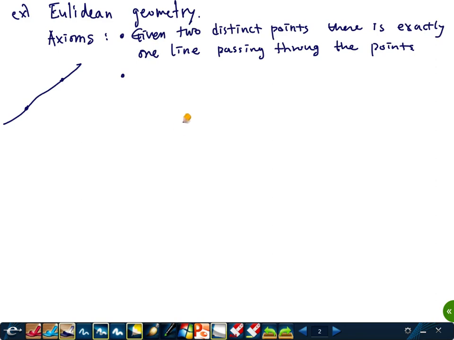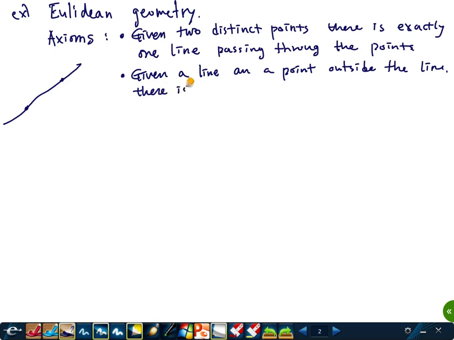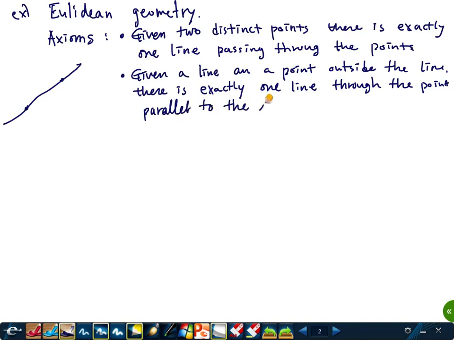Another one, given a line and a point outside a given line, there is exactly one line through the point parallel to the given line.